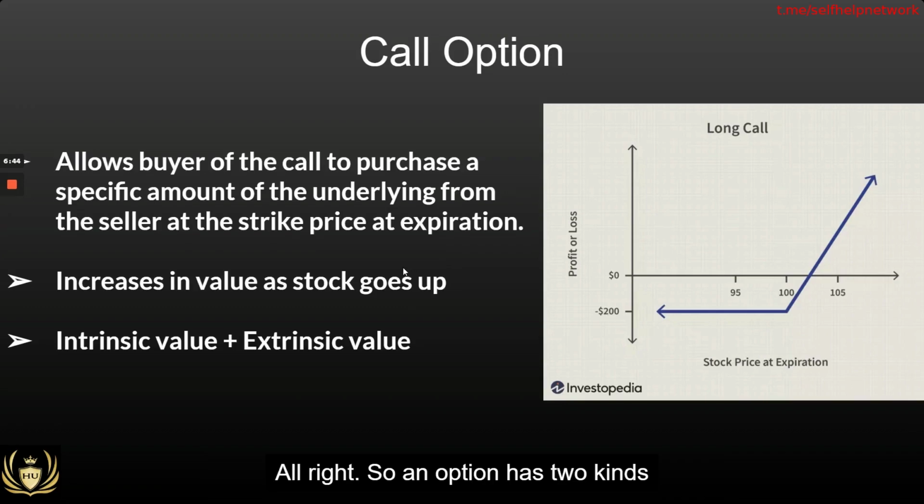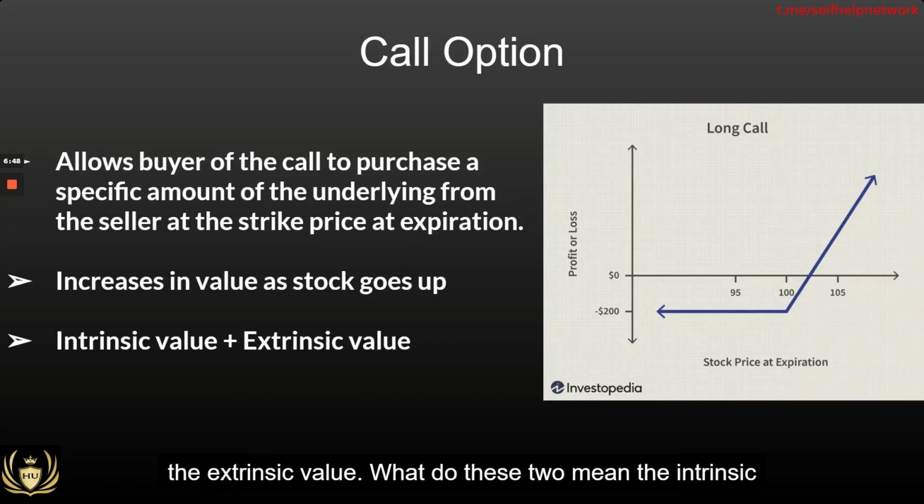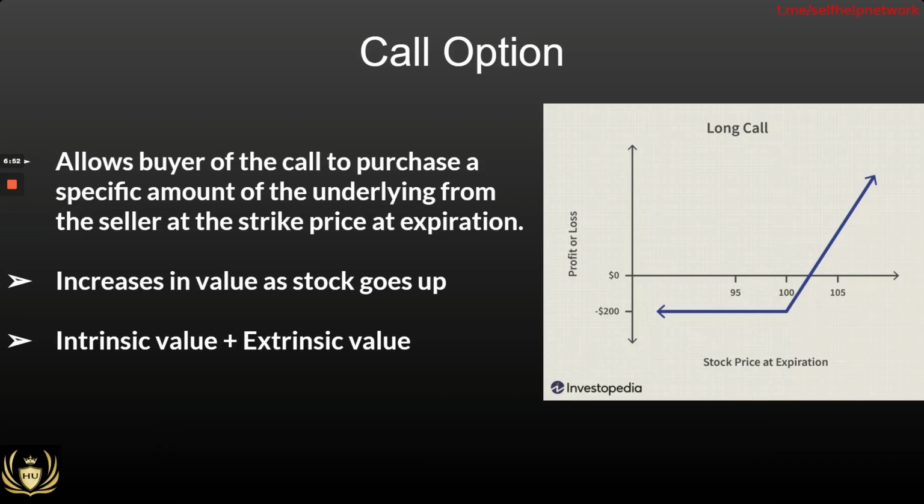All right, so an option has two kinds of values. One is its intrinsic value, one is the extrinsic value. What do these two mean? The intrinsic value is the value that the option has if it expires at this moment.